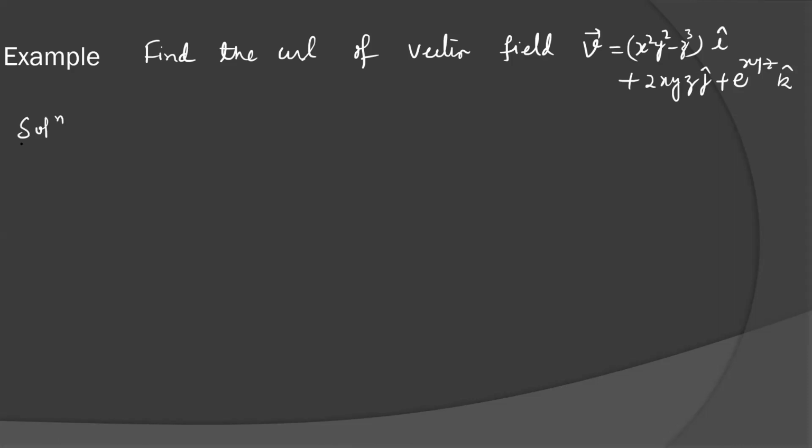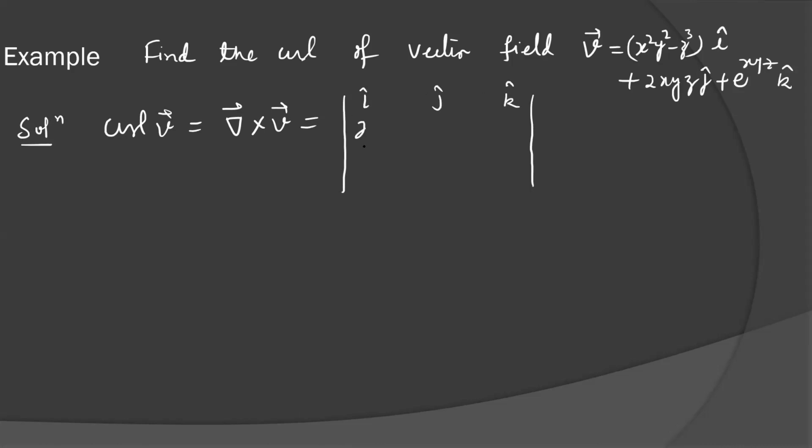Solution. So curl of V is equal to del cross V, defined as the determinant with i, j, k, del by del x, del by del y, del by del z, and x square y square minus z cube, 2xyz, e to the power xyz.